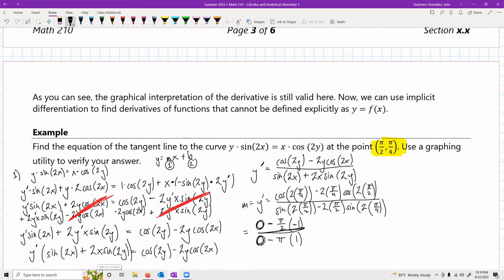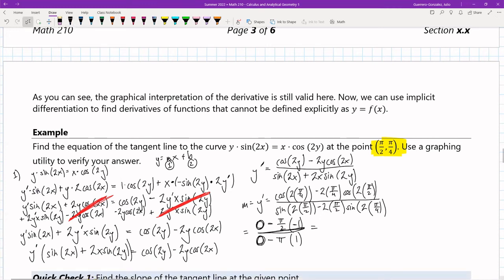Okay, and this reduces down to, and I forgot a positive here, that's my bad. Yet another mistake. Ooh, I'm on a roll. 1/2. So if you do all this math right, you should get m is equal to 1/2.